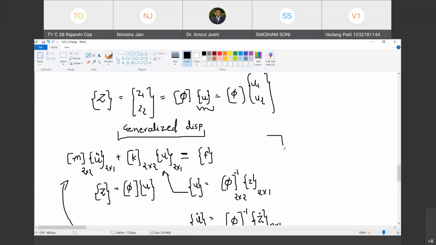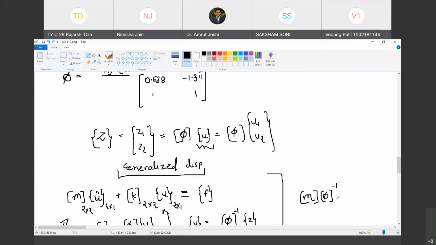So this yields what? This yields m, instead of u double dot, I'm going to write it as phi inverse z double dot. Am I right?